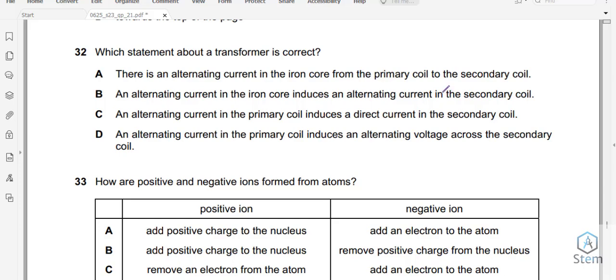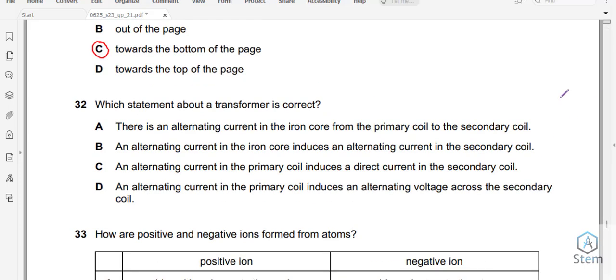Which statement about a transformer is correct? There is an alternating current in the core from the primary coil to the secondary coil. Well, the transformer moves energy from the primary to the secondary coil through induction.